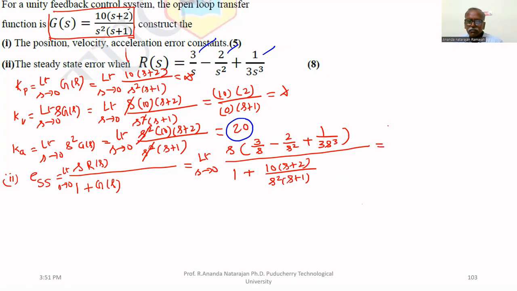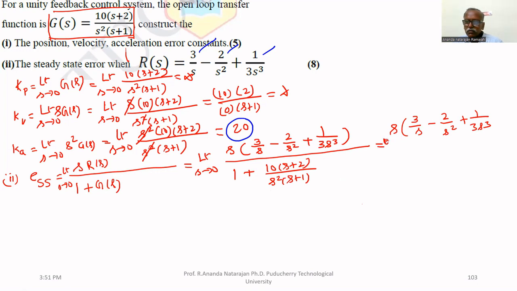That is equal to S multiplied by 3 by S minus 2 by S square plus 1 by 3S cube.